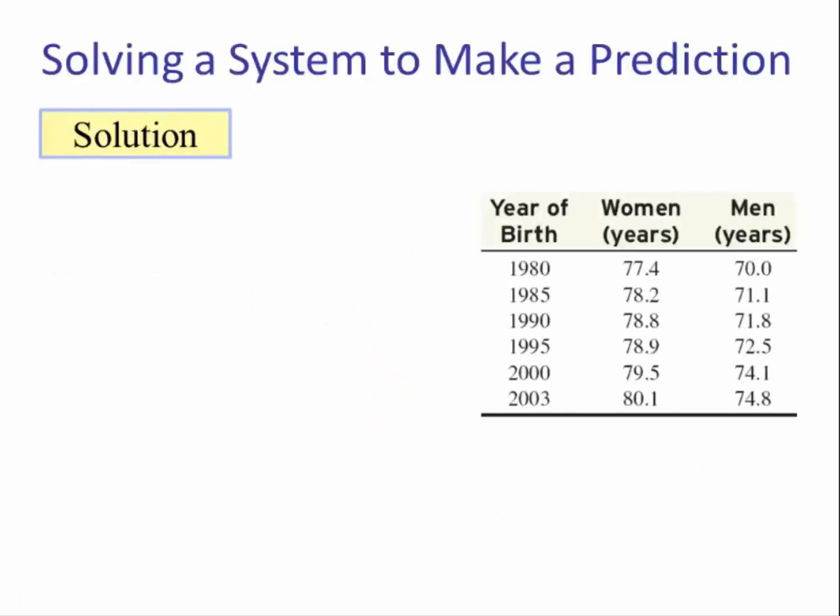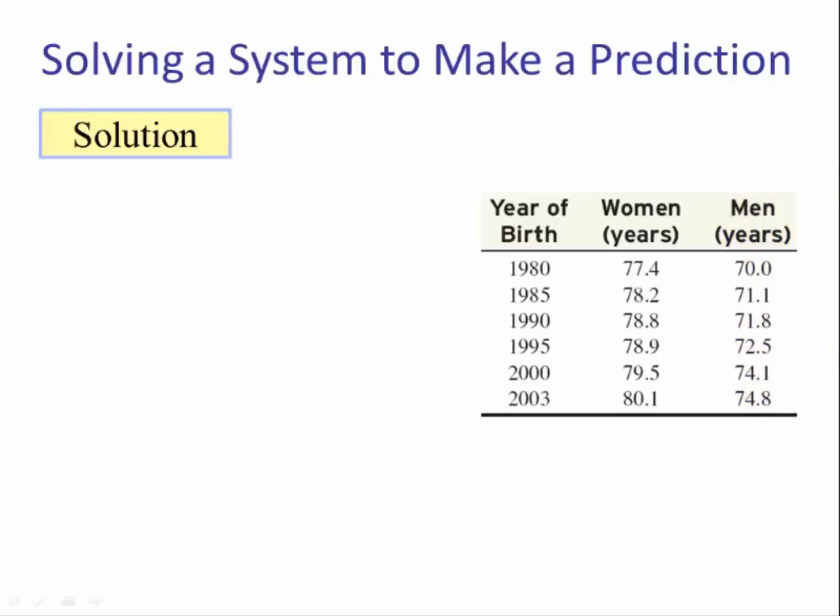So here we have the table. To review how we found the models, the number of years since 1980 is going to be our independent variable. So this will be 0, 5, 10, 15, 20, and 23. This is the dependent variable involving women, and this is the dependent variable when we do men.